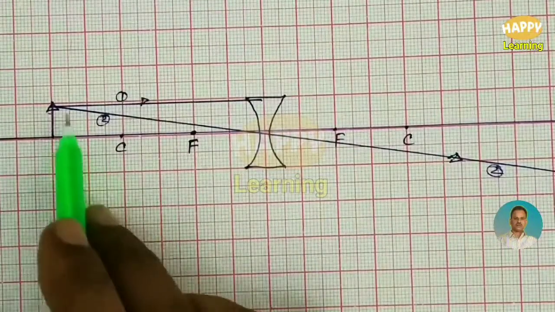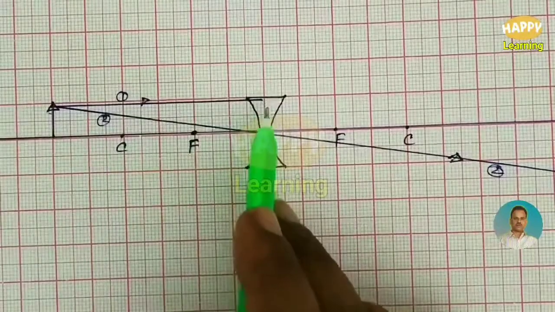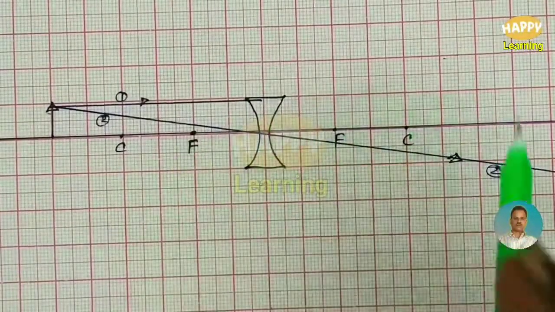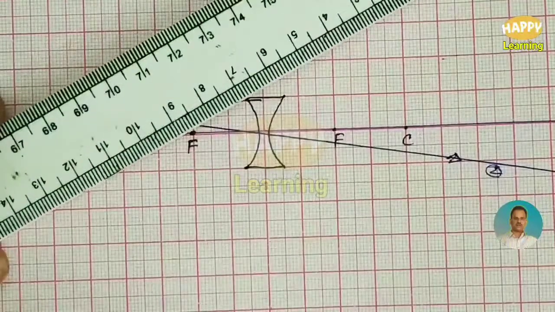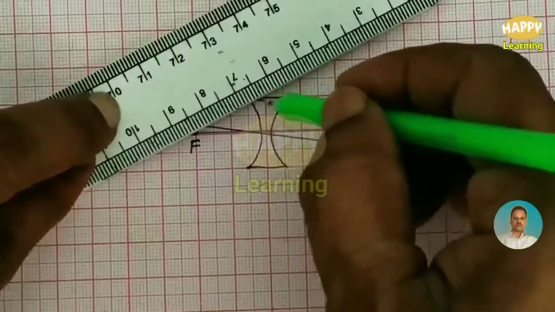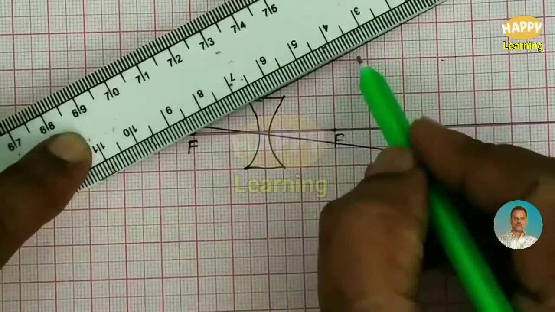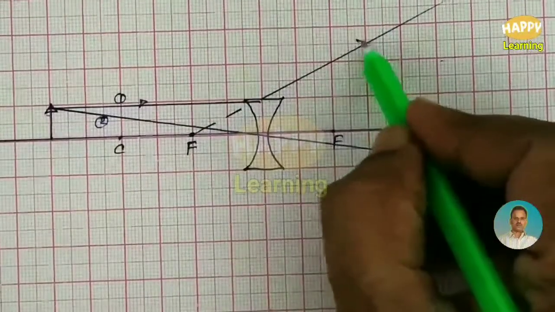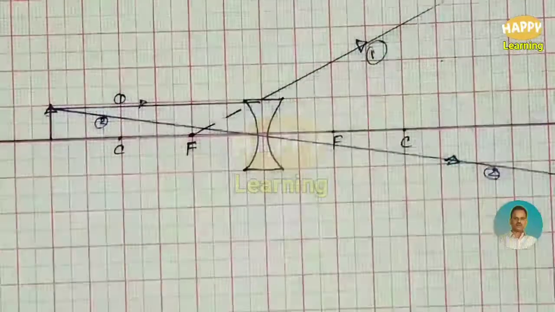Now this first ray is parallel to the principal axis. Now it refracts such that it has been originated from the focus. So this will be the first ray.